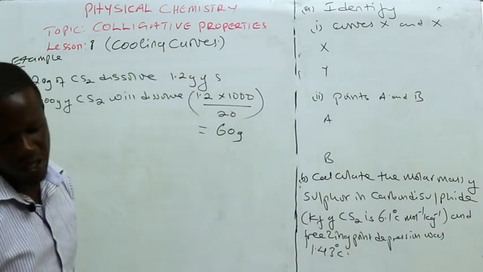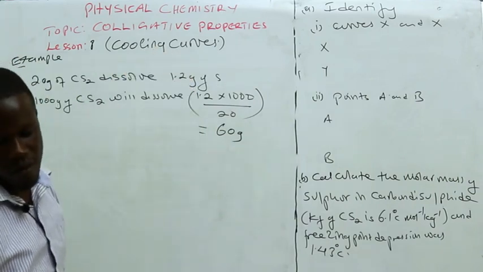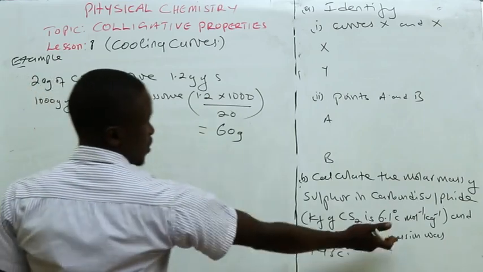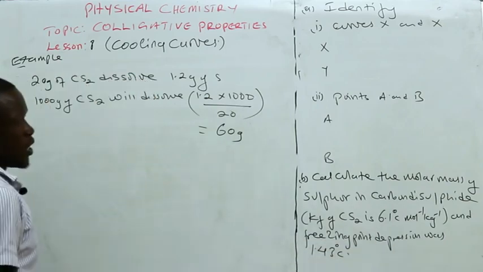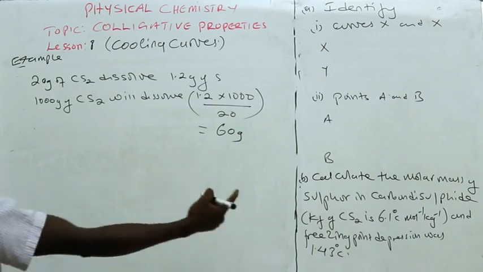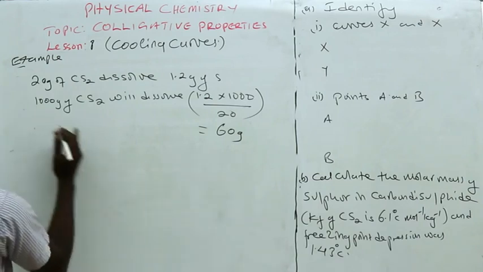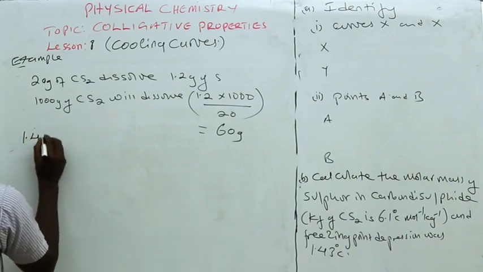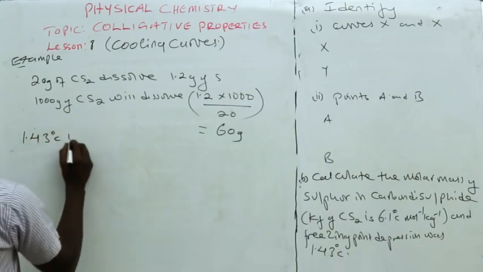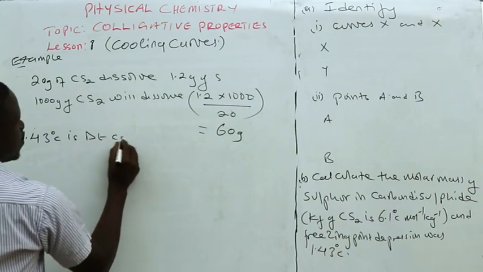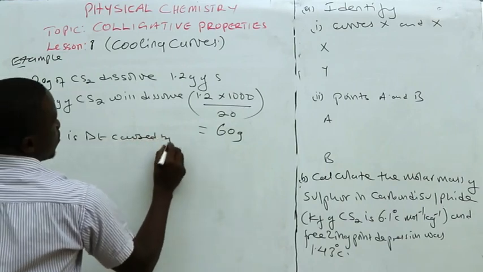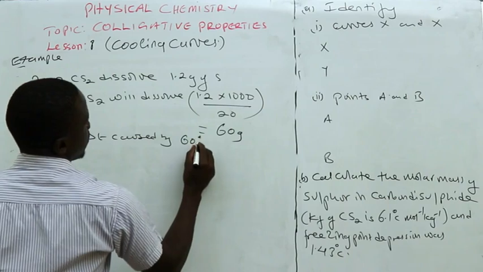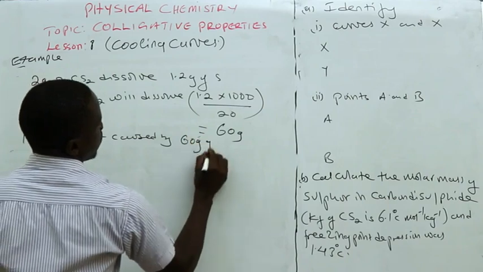So now, that's the stem we had up. They are giving us 6.1 here, and the depression in freezing point was given here. So we would now relate: 1.43 degrees Celsius is the dT caused by 60 grams of sulfur.